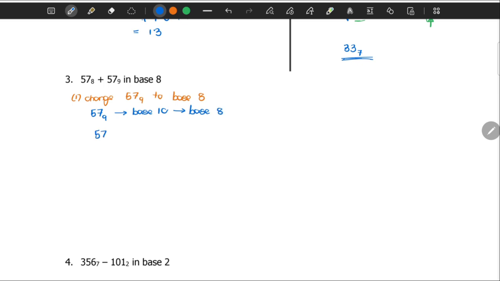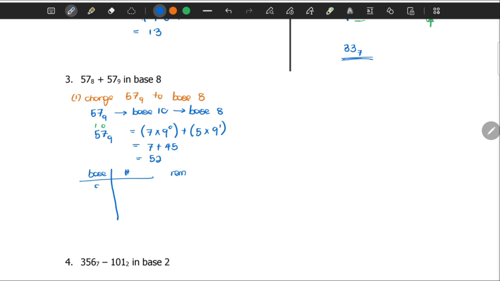So we have 57 base 9 to base 10. That's 7 times 9 to the power 0 plus 5 times 9 to the power 1, which is 7 plus 45, which is 52. And now changing to base 8, we have base, number, and remainder.